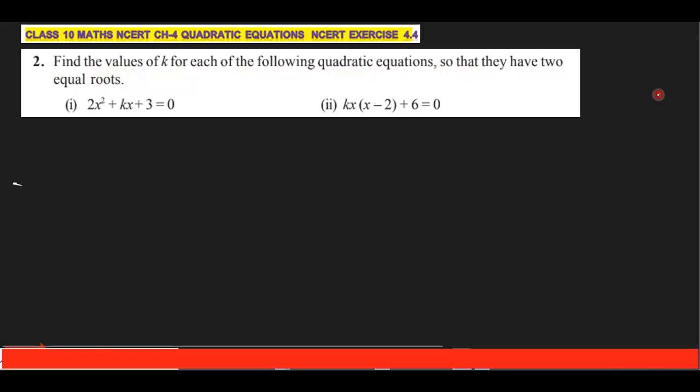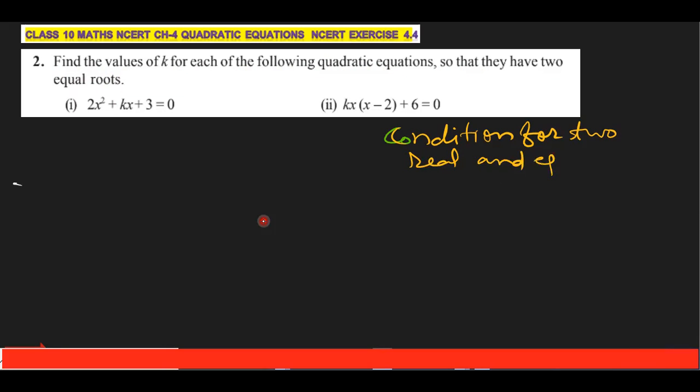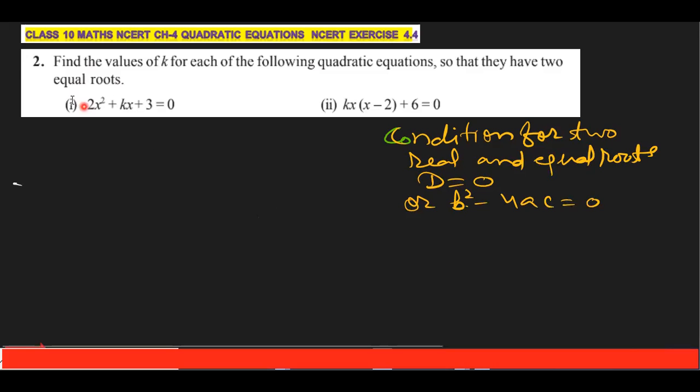So we know that the condition for real and equal roots is that the discriminant should be equal to 0, means b square minus 4ac should be equal to 0.